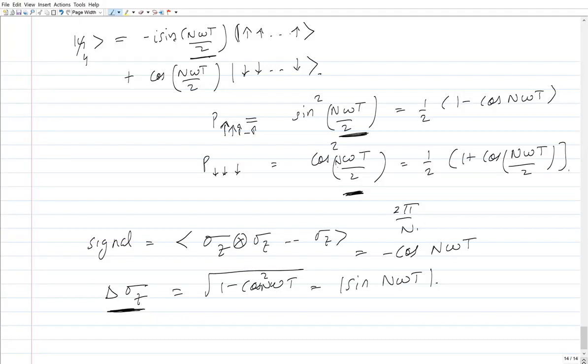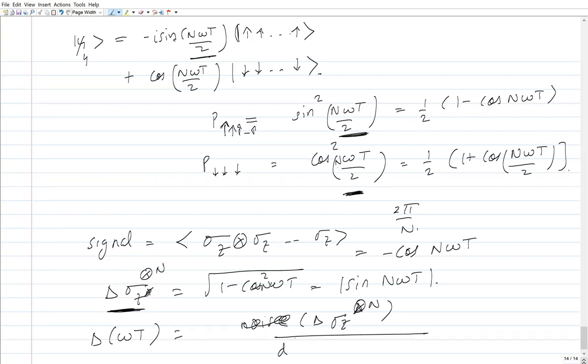I change the units, I rescale everything. So what do I get? I get the noise, which I just write down as the variance of this collective operator, divided by the change of units, which is my d signal.